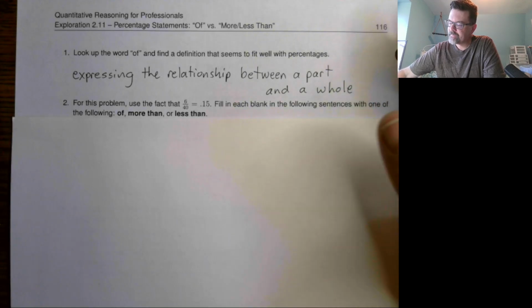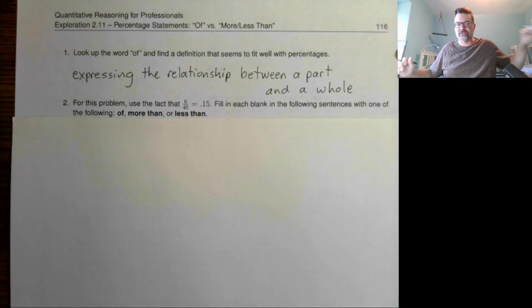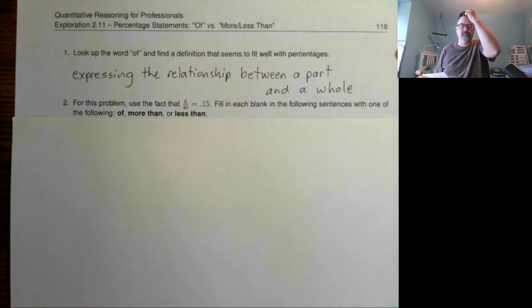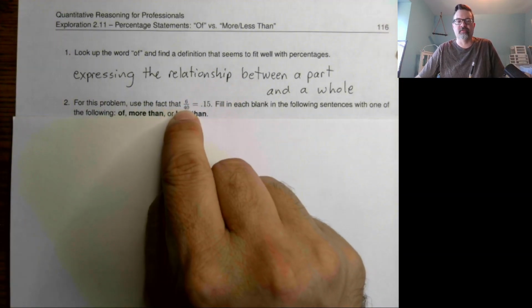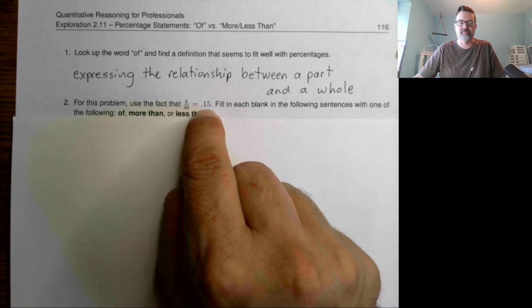So, this next little question here, we've got a few blanks to fill in, and you should just think about these or try them a sec and see what kind of makes sense. So, we have the number 40, the number 6 is being compared to it, and we get 0.15 in the end, 15%.